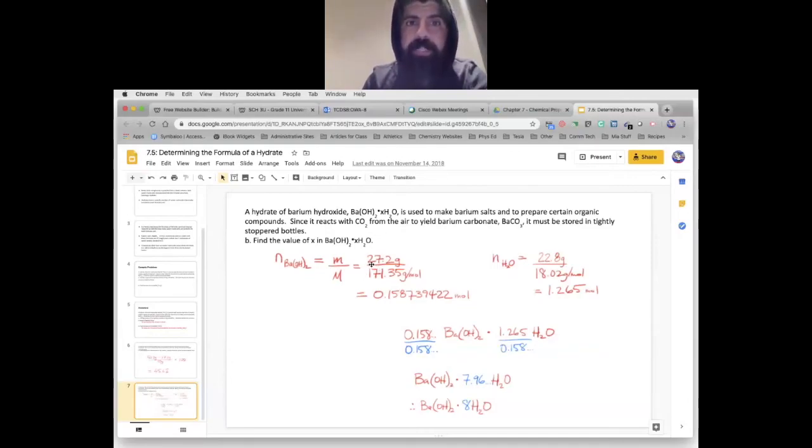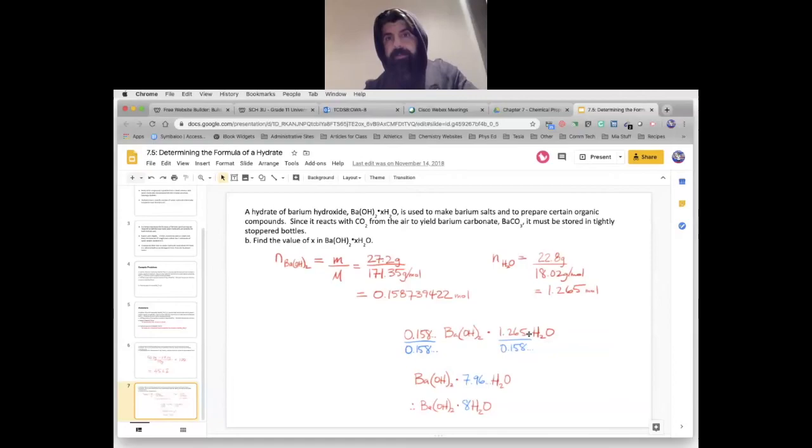Here we've got 27.2 grams of barium hydroxide divided by the molar mass of barium hydroxide, and that's where we get the number of moles. We do the same thing for water. To find the number of moles of water, we take the 22.8 grams that we just calculated and divide it by the molar mass of water to get 1.265 moles.